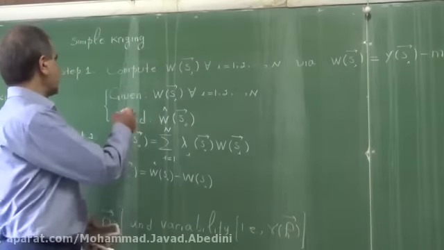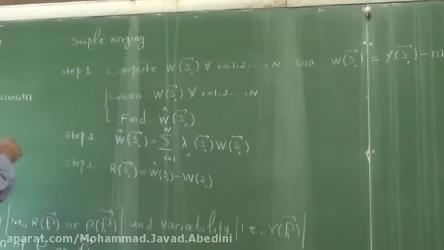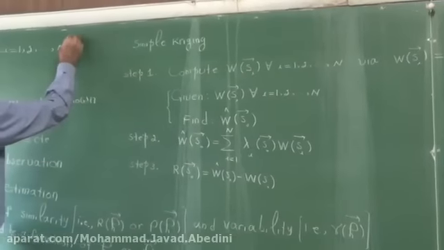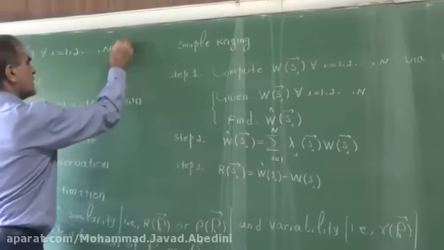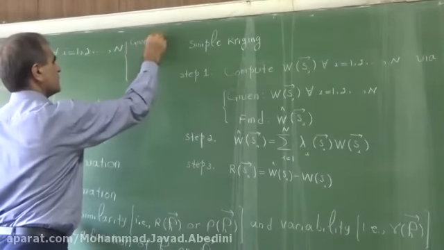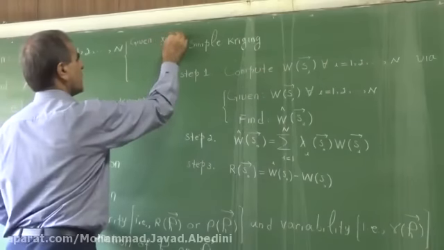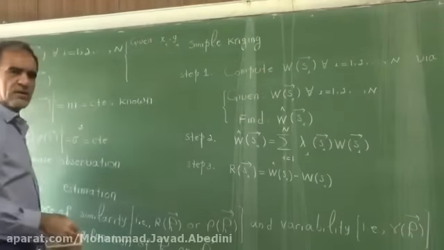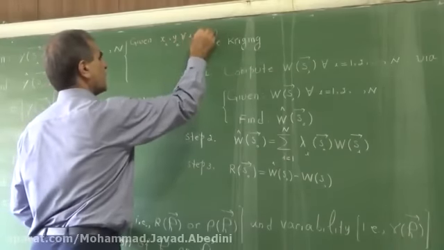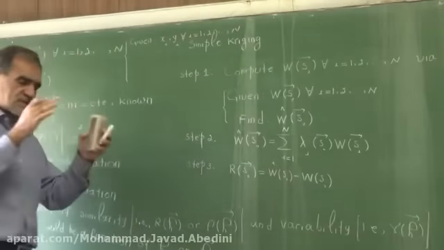If you want to state your problem in least square, I will write it with a different color. In your problem statement here, you will say, given xi, yi for all i from 1 to n, which means that you have a table.